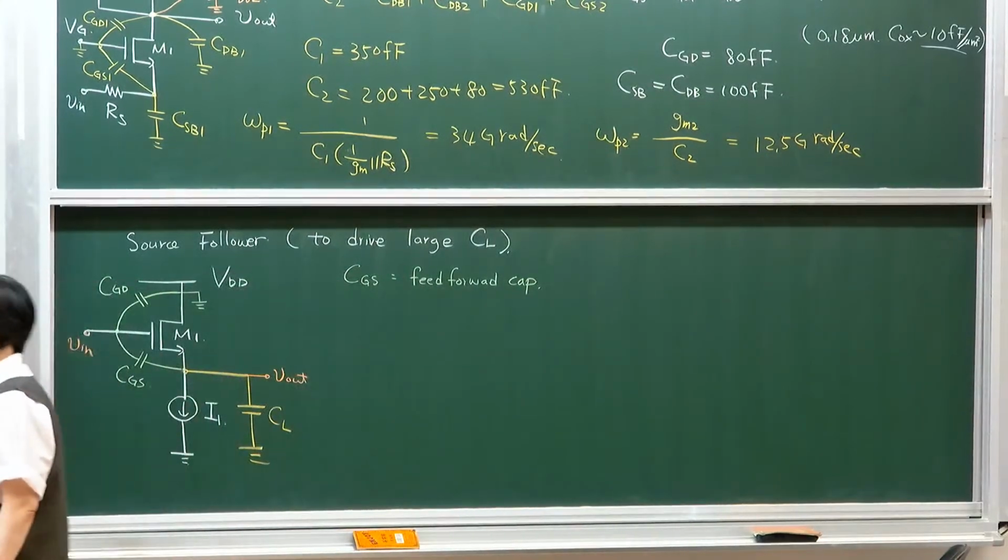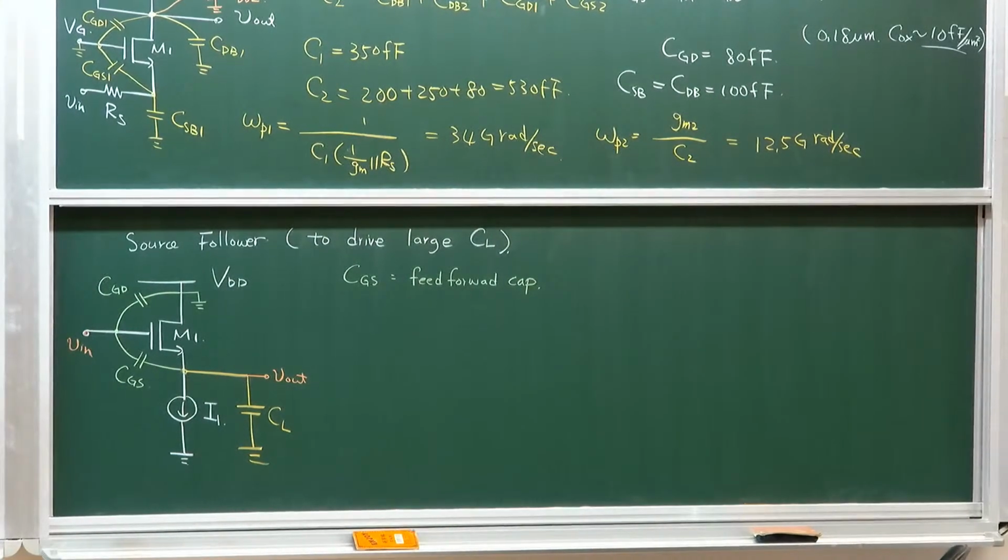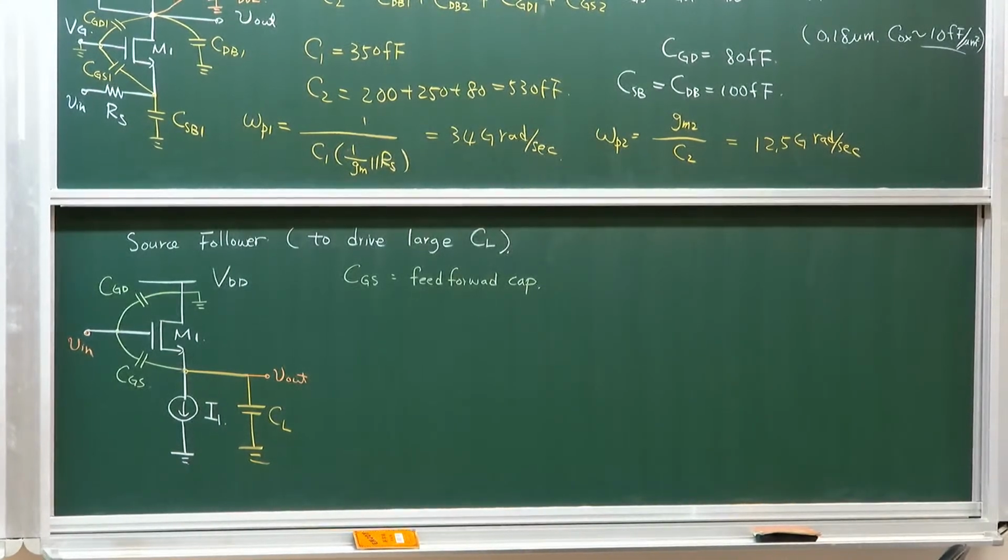But this is somewhat different from our common source amplifier. If you think about a common source amplifier, first of all, it has an inverting gain. Here, meaning that if you think about the effect, it's also subject to the Miller effect, but it's actually in a good way. It actually reduces the effect of CGS. The way to think about this is that when we talked about Miller amplification, the main reason for the input node, it's very hard to pull the input node because your opposite sides are sinking. But in this case, remember, it's a follower circuit.